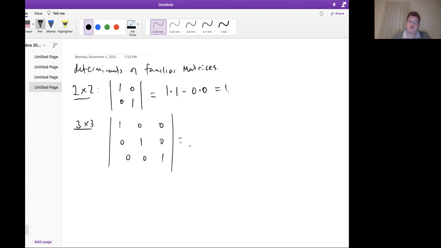What's the first thing we do? Correct, yeah. So it's 1 times the determinant of 1, 0, 0, 1.